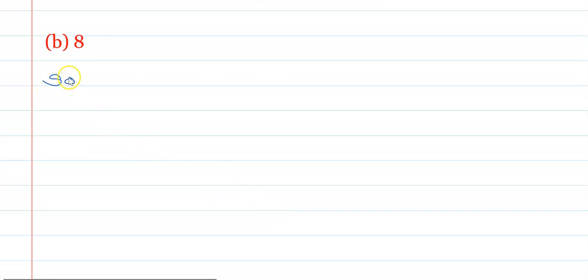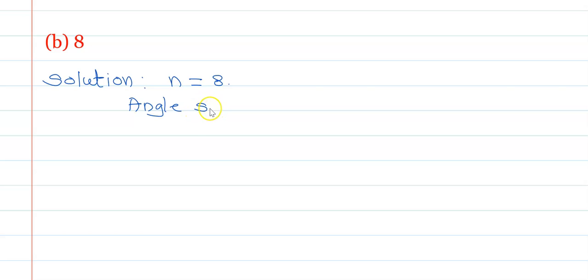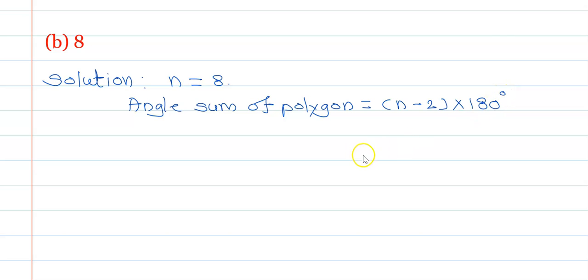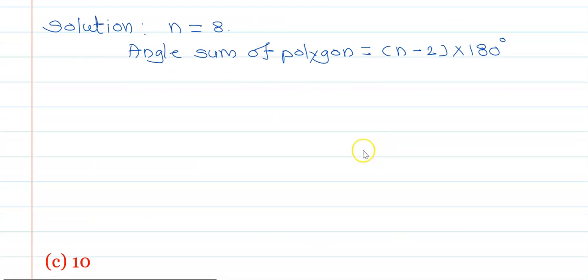Here's the solution. Here n is equal to 8. Again, angle sum of polygon is equal to n minus 2 into 180. Okay, n minus 2 into 180.